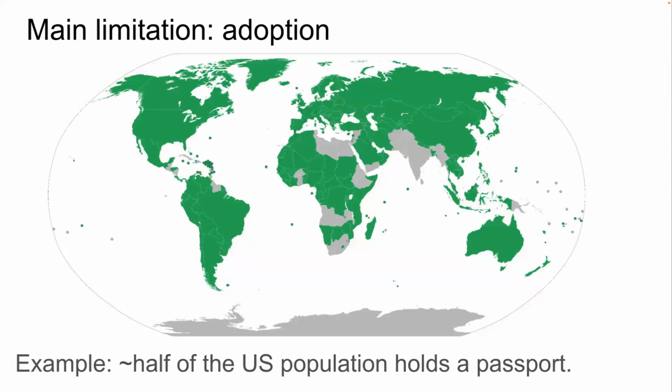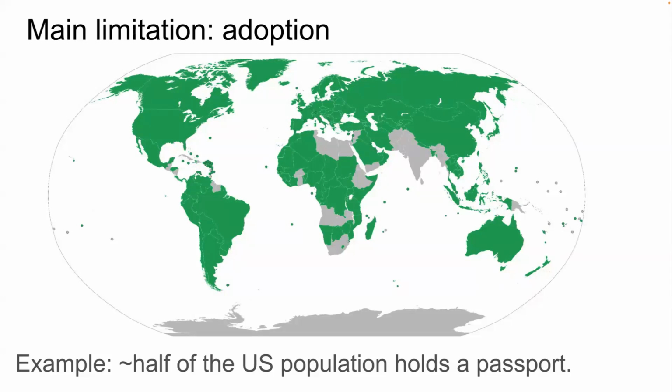Obviously the main limitation of all of that is adoption. This is a pretty recent list of the countries that are issuing e-passports. Actually, it's not even up to date, because there are some countries like India that are already issuing some and are not on the map. But in most of those countries, even if they are issuing e-passports, a lot of people still have old passports that don't have an electronic chip.